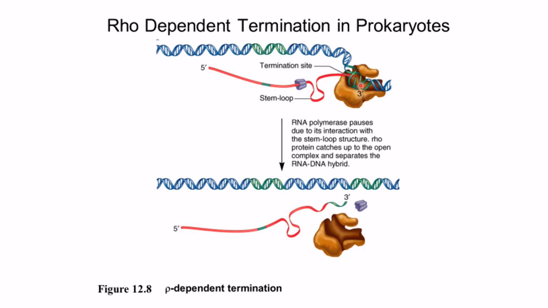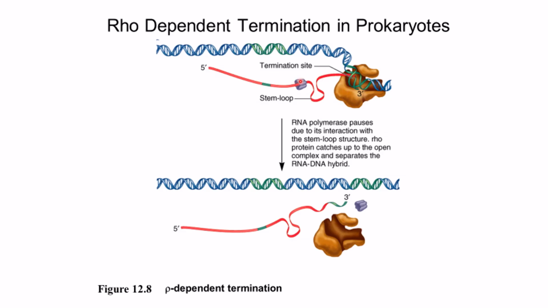The rho protein, as it is moving towards the 3' end, is responsible for separation of DNA from RNA. Now we know that at this particular area, there is the template DNA, the 3' end of newly synthesized mRNA and RNA polymerase together.